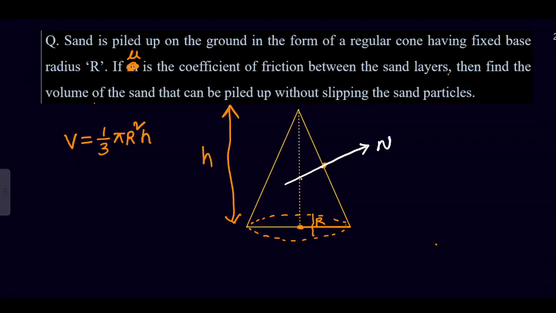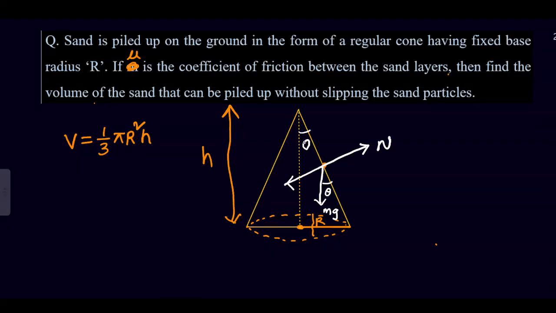Next, we need to resolve into components the weight of this particle. The weight of this particle acts vertically downward like this. The mass is m, so this is mg. Now if I say this angle is theta, then this angle is also theta only.